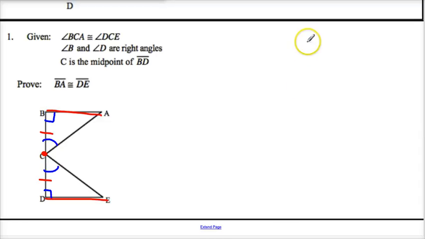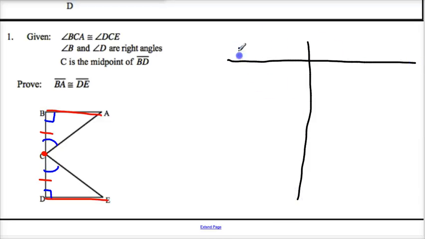So now we just have to write our proof, all right? That's the annoying part, I know, stop moaning. Let's just do it. We have our evidence and our reason. And once we prove that these two triangles are congruent, well, then I know that BA must be congruent to DE because of CPCTC. So 1, what do we know?